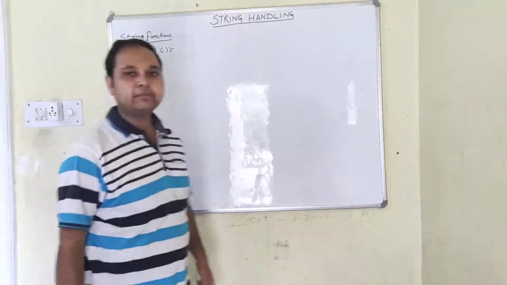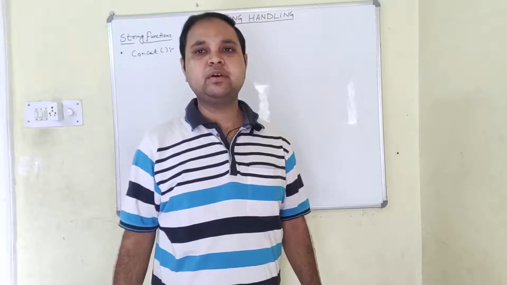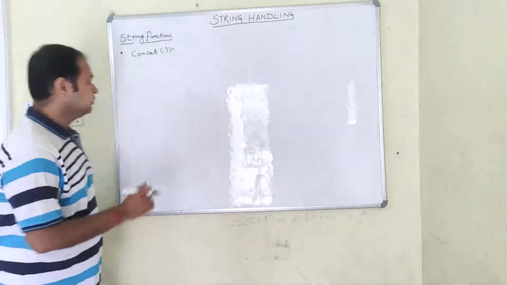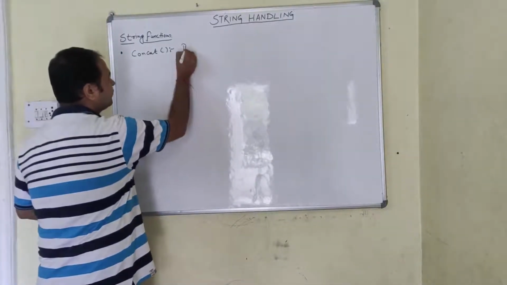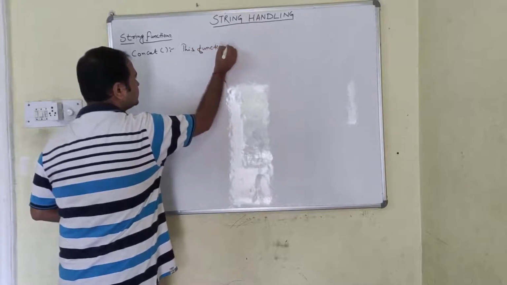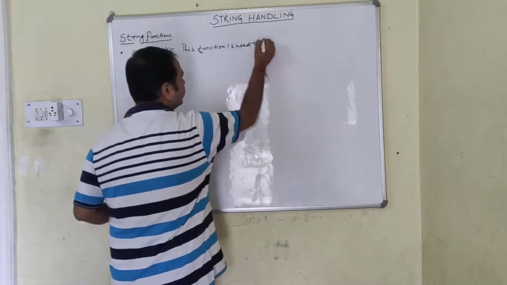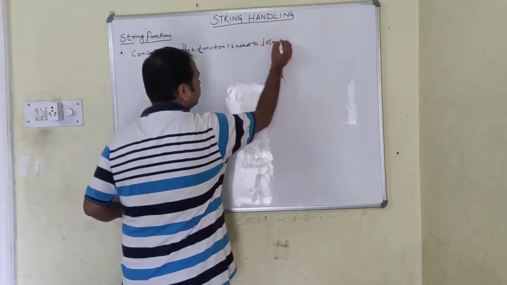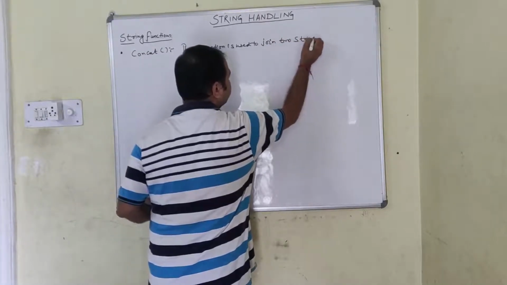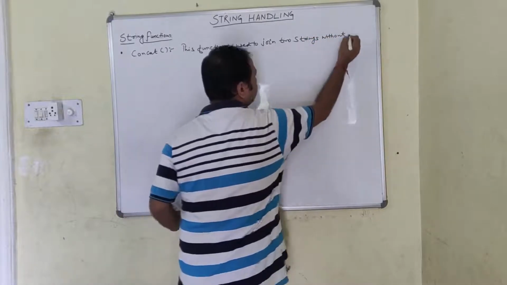Concat means concatenation, means to join. This is a simple function. It basically joins two strings. This function is used to join two strings without leaving any space.